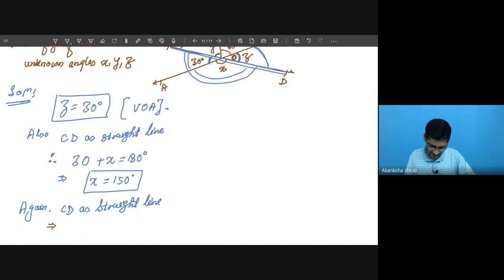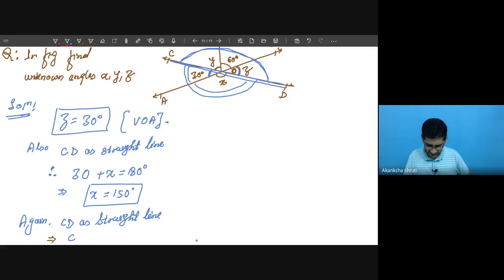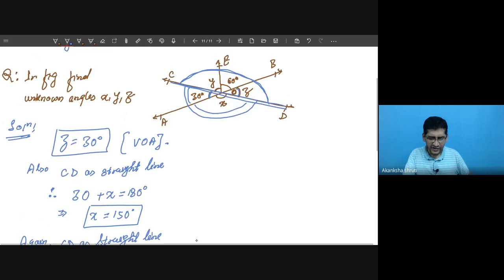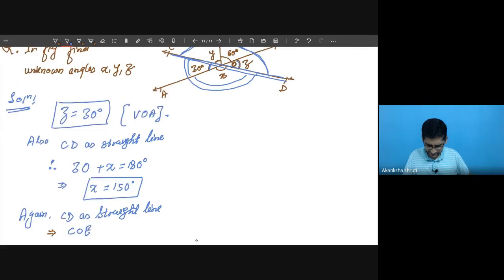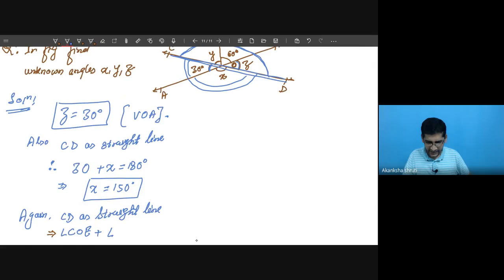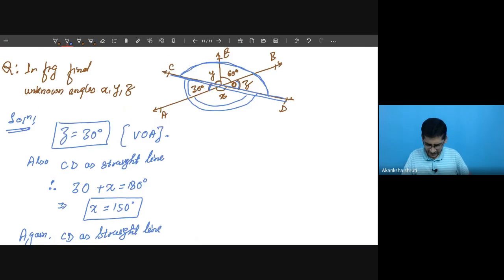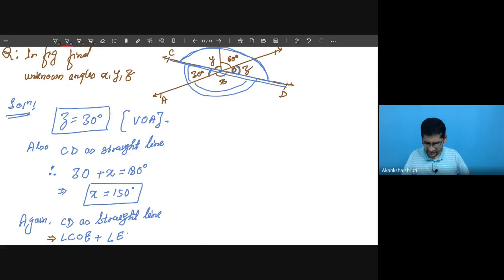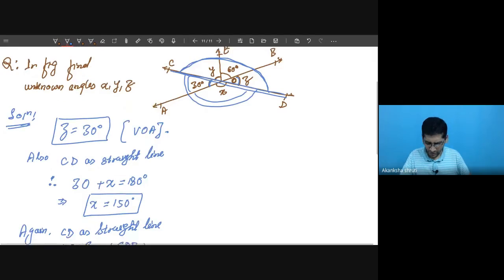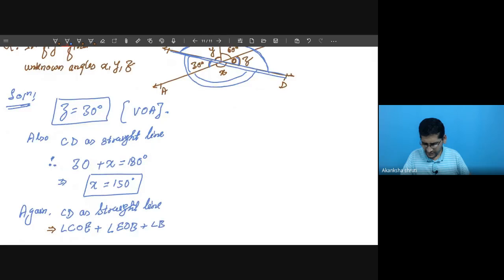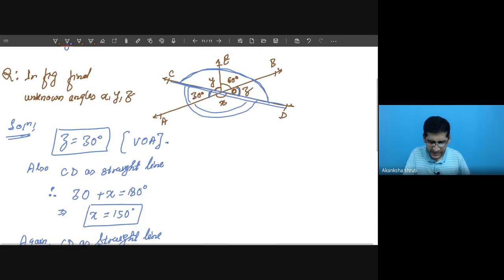Right? So angle COE plus angle EOB plus angle BOD, because it is forming a straight line.